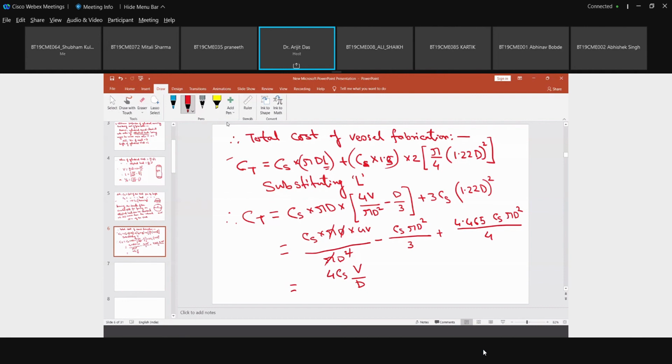What is the constant? If you multiply by pi, it will be CS into D square. If you take CS D square as common, what is the value of the constant term?